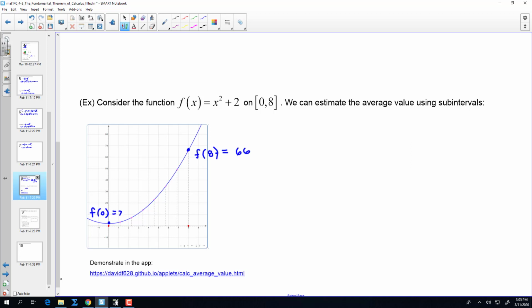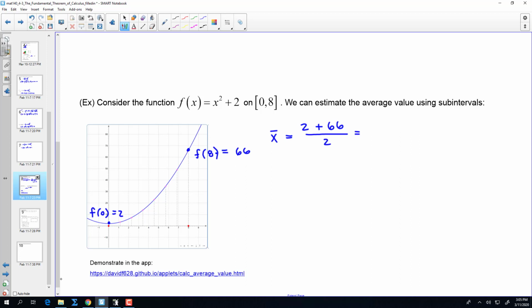So initially, the average value, so x bar, would look like the start value of 2 plus 66 divided by 2, because that's how many values we used. And 2 plus 66 is 68.